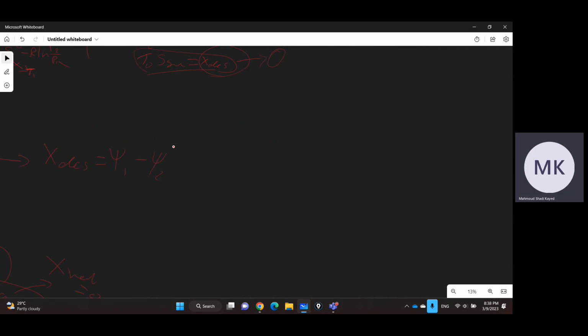Of course, it's not very efficient, but you can use h1 minus h naught for this, and use here h2 minus h naught, etc. But of course, this will waste your time.